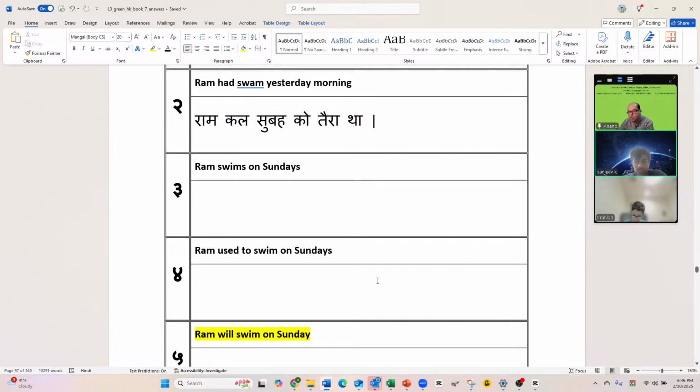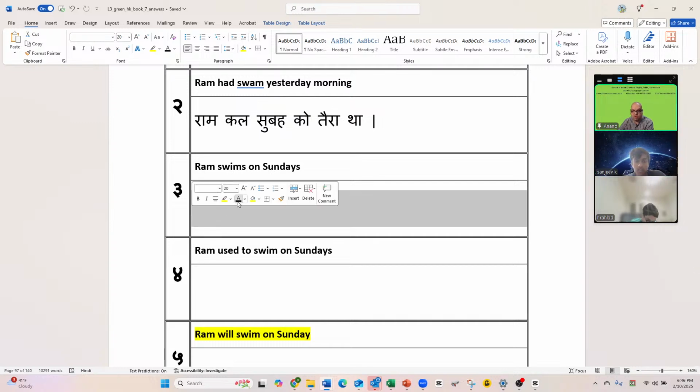So when it's a habit, which form do you use? Ta form. Now give me the sentence. Is it Shanivar? Ravivar. Sunday is Ravivar. राम रविवार को तैरता है.